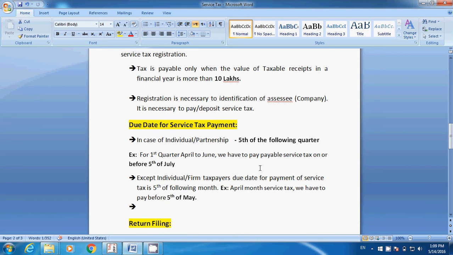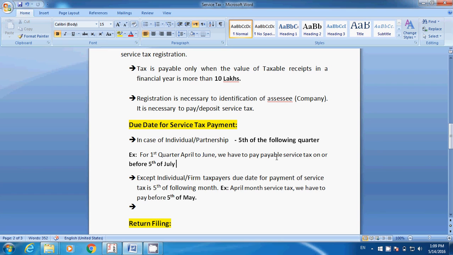And due date for service tax payment: in case of individuals and partnership firms, it is the 5th of the following quarter. For example, for the first quarter, April to June, we have to pay the payable service tax on or before the 5th of July.